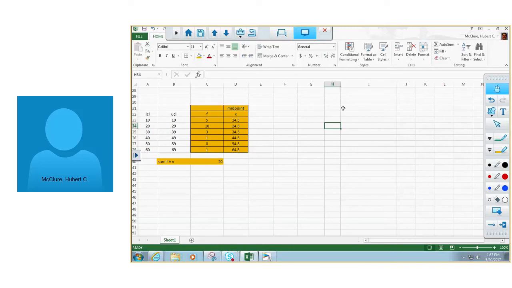Well, not everything. I mean, you've got everything to calculate. Now, I've got to find f times x, because for my calculation of my mean, I have to multiply f times x.